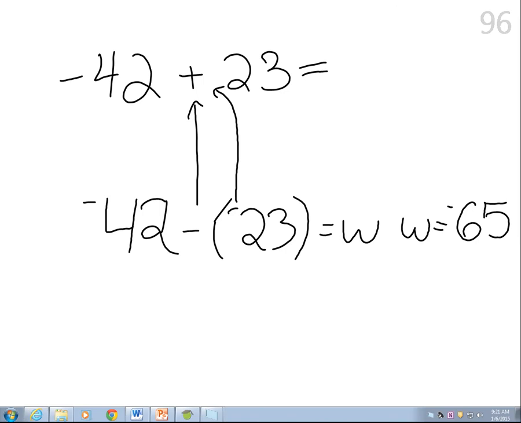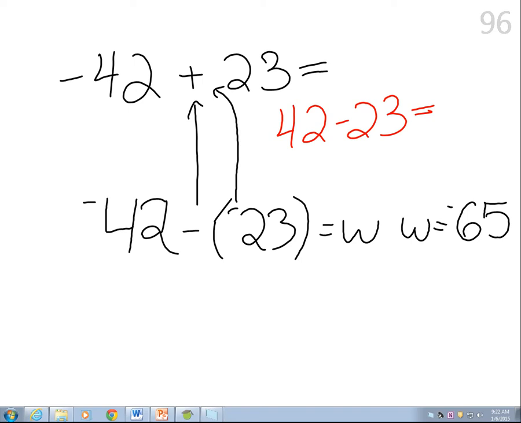Now, which one has the higher absolute value? Negative 42 does. And so what does that tell us? Is our answer going to be positive or negative? Negative. Good. So we are getting closer to negative 42, and from what we had yesterday, I'm going to take the smaller number from the bigger number and keep the sign of the one with the highest absolute value.